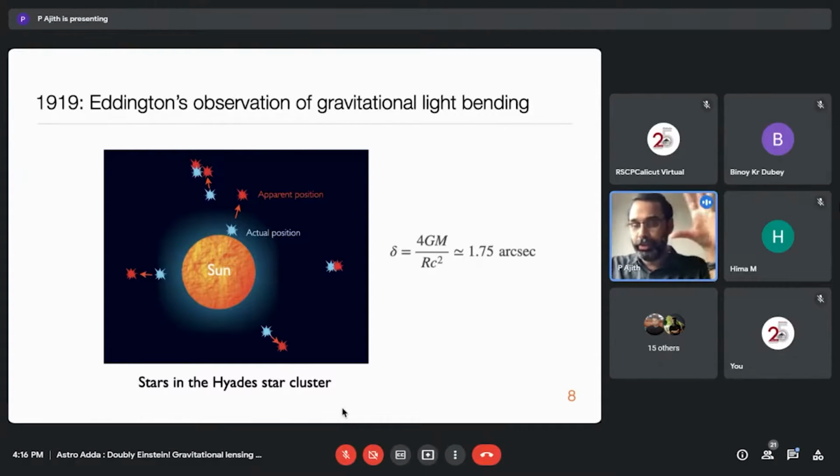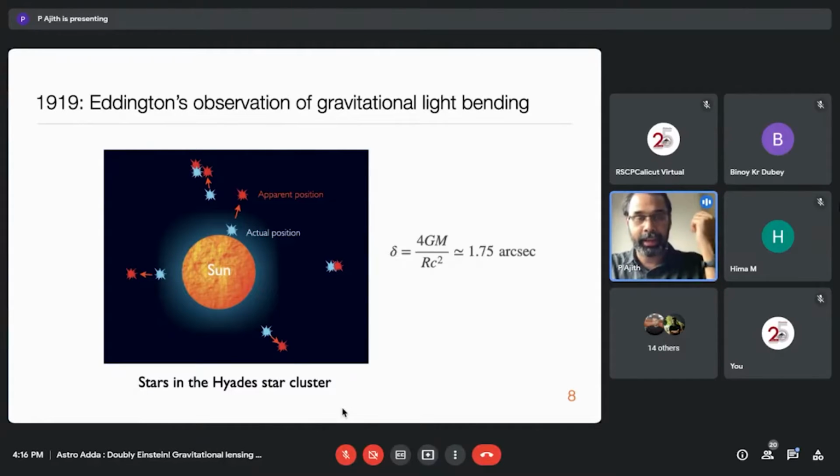And after a few months, when the same cluster of stars appears in the night sky, when there is no sun in between us and the stars, they took another photograph. This is called a reference photograph, and that is shown by these blue stars here. And you can see that the relative positions of stars have shifted during the eclipse because of the presence of the sun in between us and these distant stars.